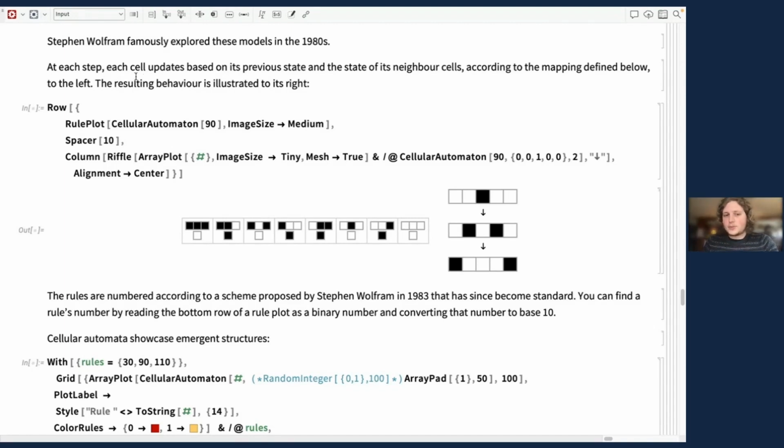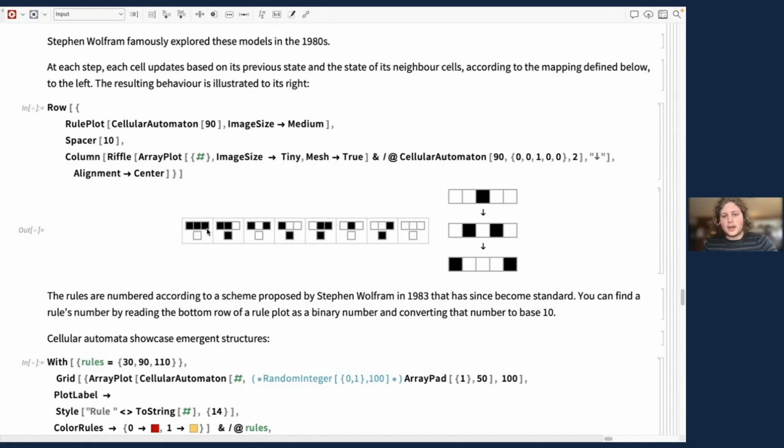So, for example, here's one example of a particular rule set. If you have a cell that has two black neighbors and two filled neighbors and is filled itself, then at the next state it's going to be unfilled. You might call these alive and dead.